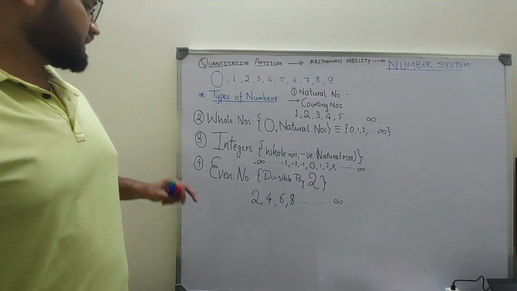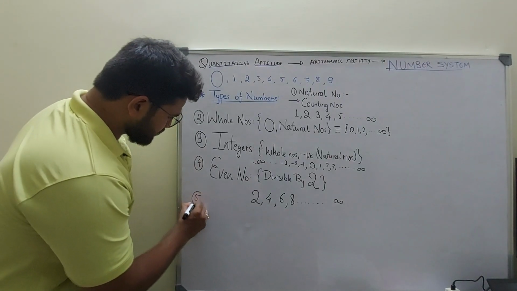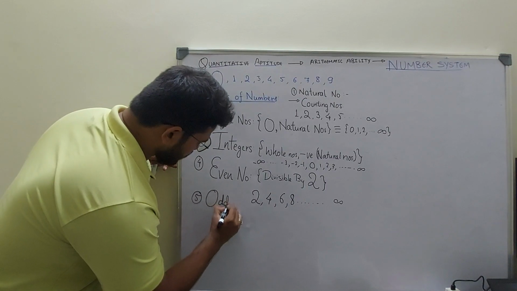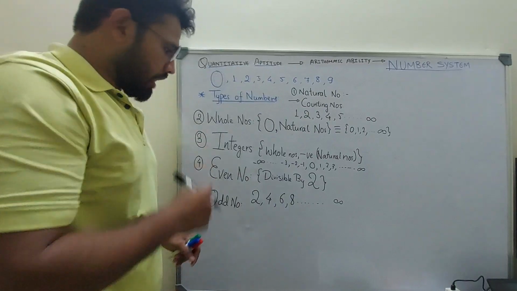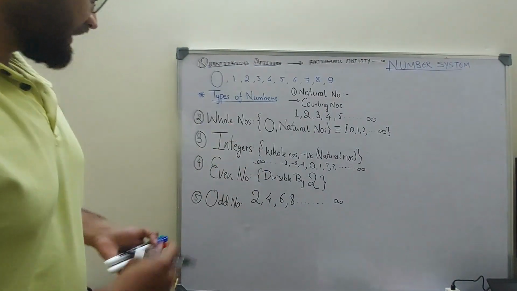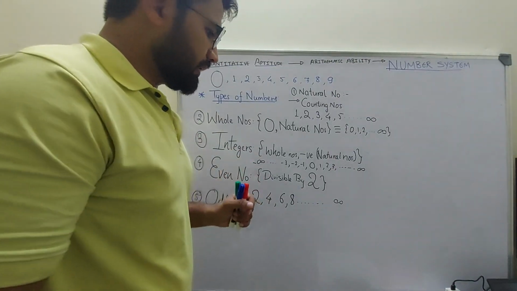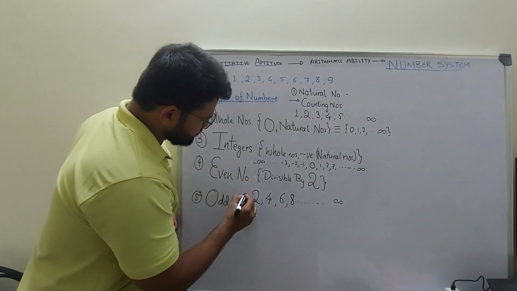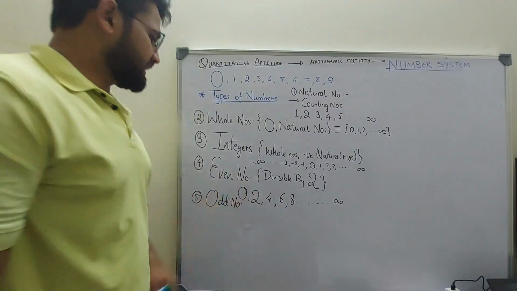Then let's move towards the fifth type of numbers, that is odd numbers. What are odd numbers? Odd numbers are the numbers which are not even numbers. Also with even numbers there is one more thing: 0 is also an even number. Remember this.